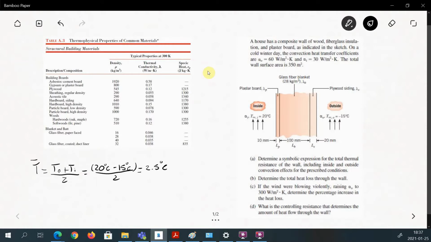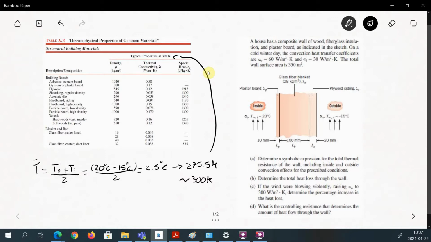If we transform this to Kelvin, it gives us 275.5 Kelvin, and we have 300 Kelvin, so it's more or less 300. It's near to 300 Kelvin, so we can use these conditions.